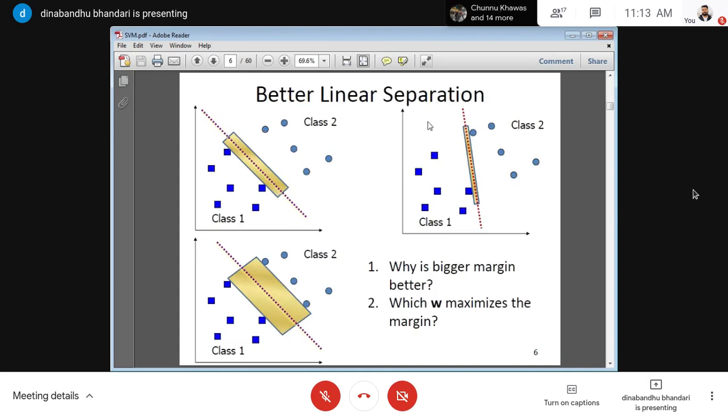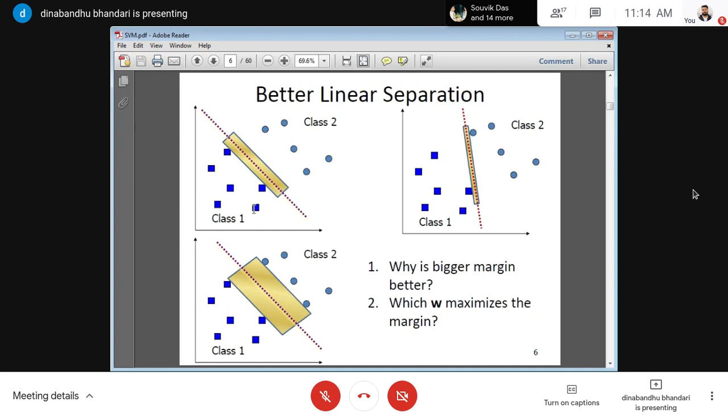Now, a better linear separation. If you have a line like that, the distance from this set of rectangular points to this boundary is small. What we want is that the separation between the two classes should be higher.